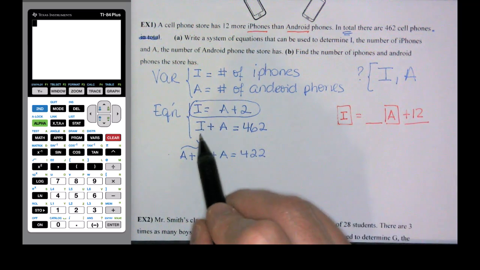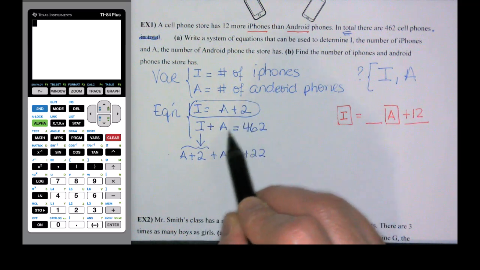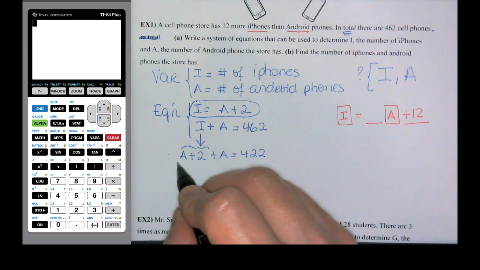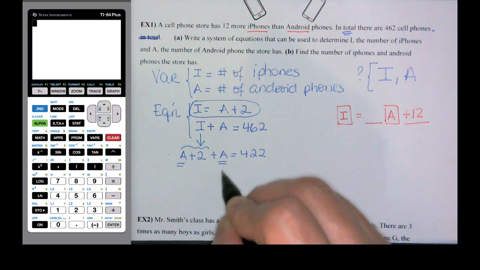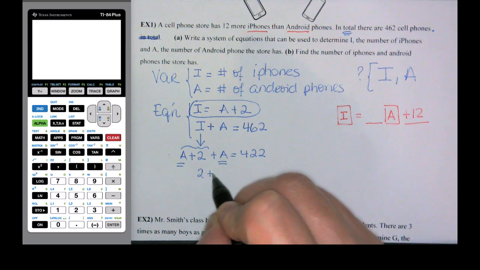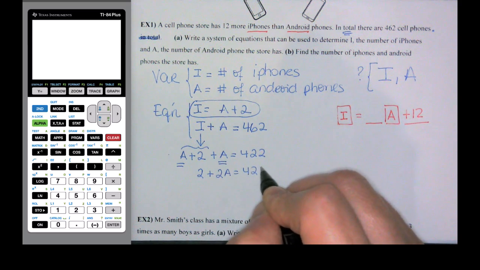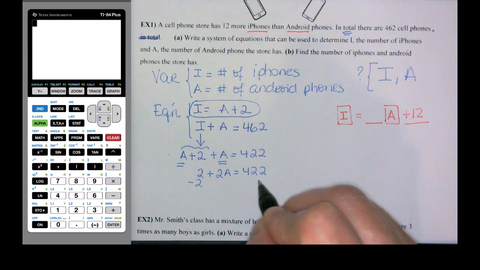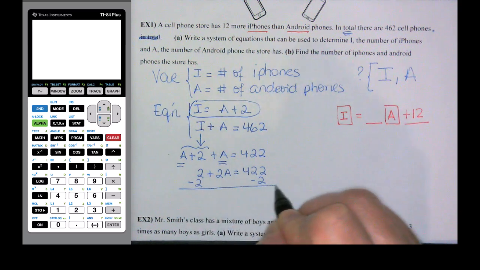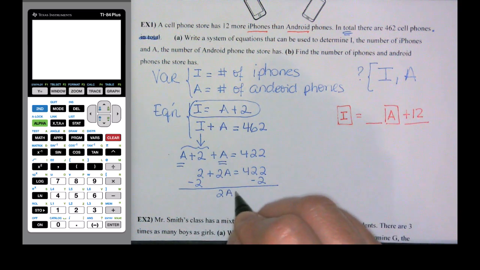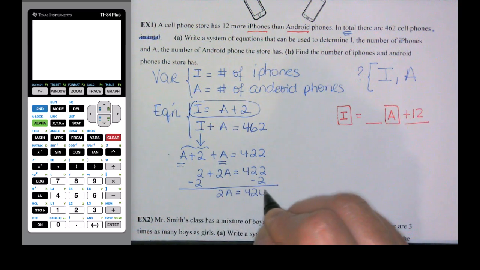So all I did is, instead of writing I, replace I with A plus 12, and I copy the rest of the equation. The rest is just solving equations, so I'm going to have A plus A is 2A, plus 12, equals 462. We subtract 12 from both sides. We get 2A equals 450.